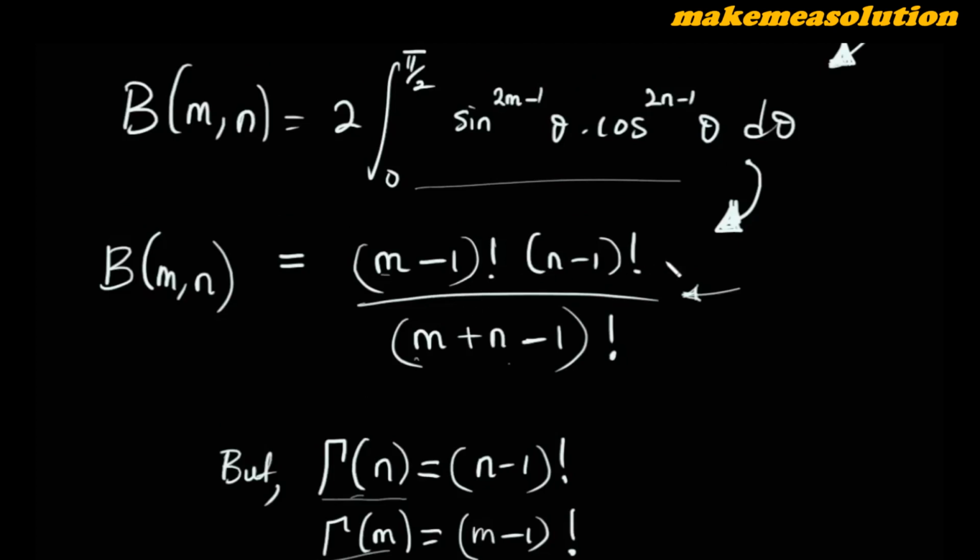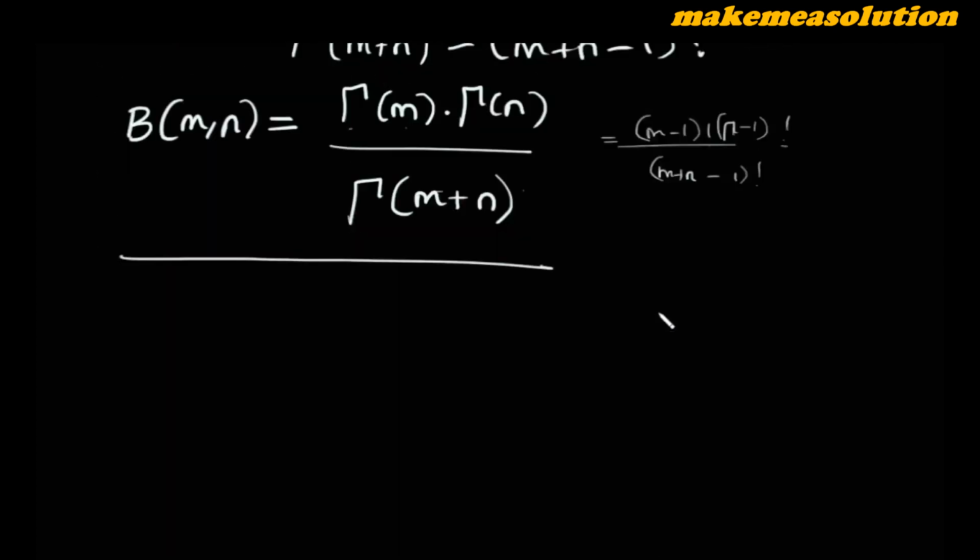So if we look at this very critically, I can see a gamma of m in this first part. I can see a gamma of n, and I can see a gamma of m plus n in the denominator here. So this is how gamma function and beta function are related to each other.